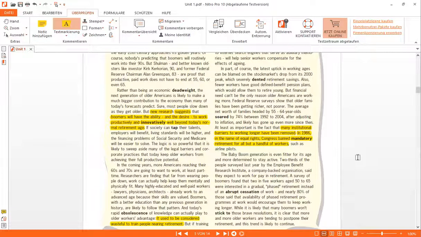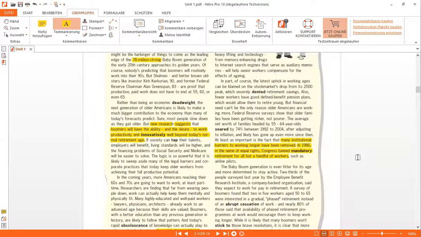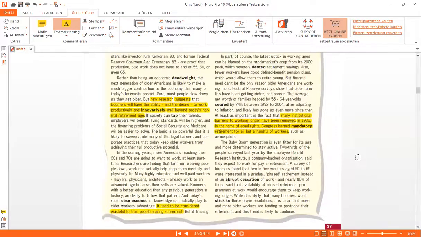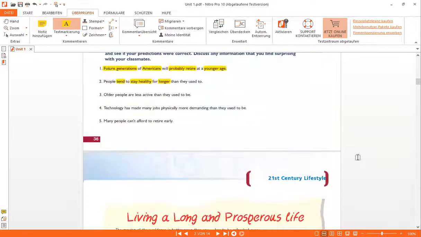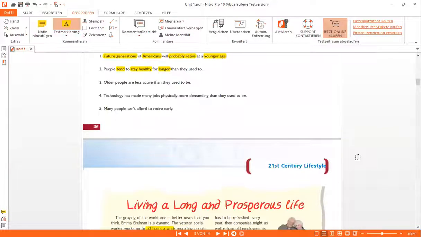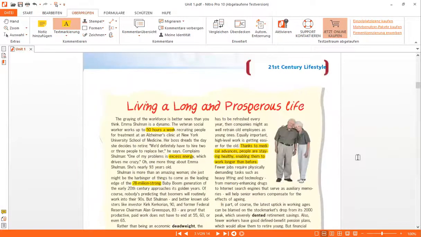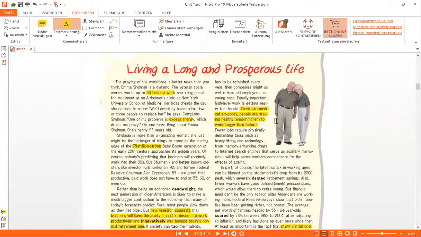The second statement is true. When you get here, you will see, so basically we're talking about people tend to stay healthy for longer than they used to be. When we get to this portion, you would realize that thanks to medical advances, people are staying healthy, enabling them to work longer than before, okay? And that is what people tend to stay healthy.